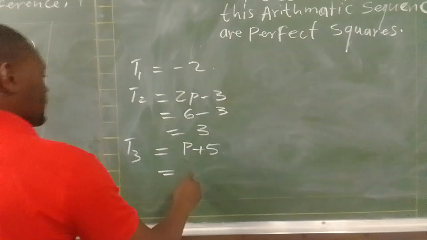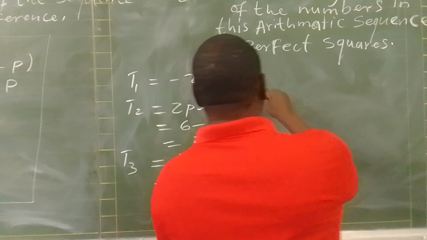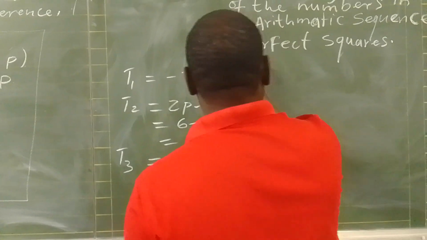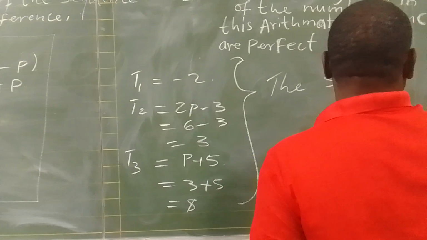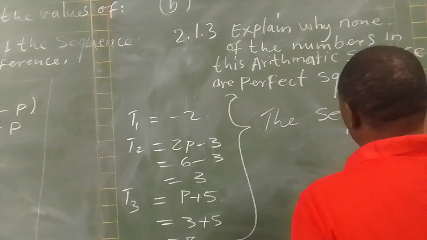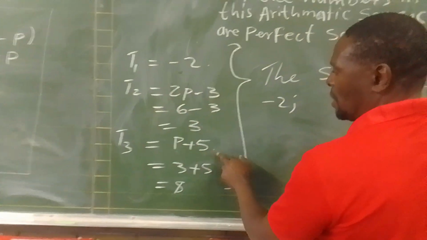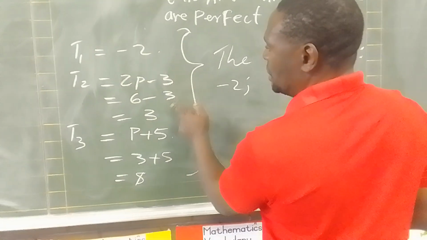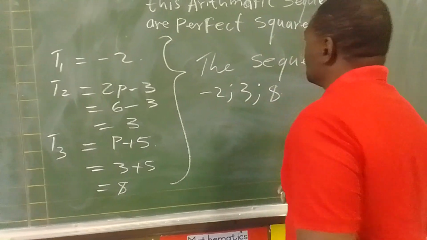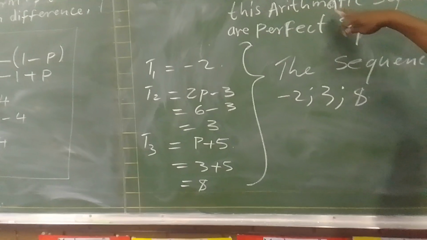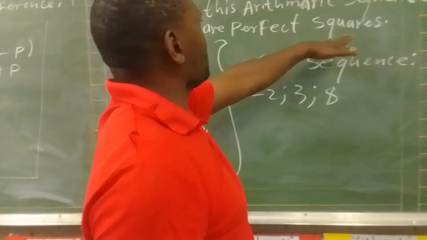Your P was 3, plus 5, which is 8. Then the sequence is minus 2, 3, and 8. We must explain why none of the numbers in the sequence are perfect squares.